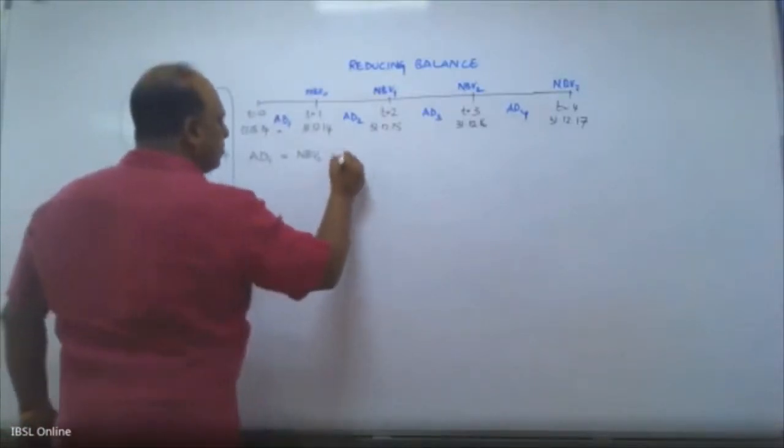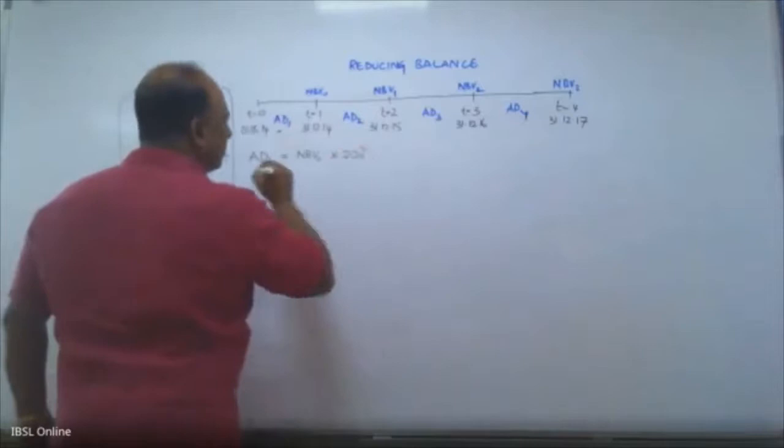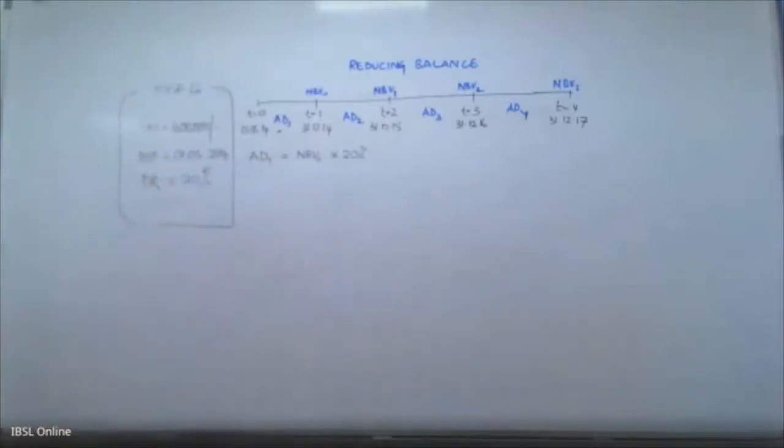So it will be 20%. Is that understood? Is it clear? If you have a question, please ask, or you can send me a chat also. Do we have any messages?